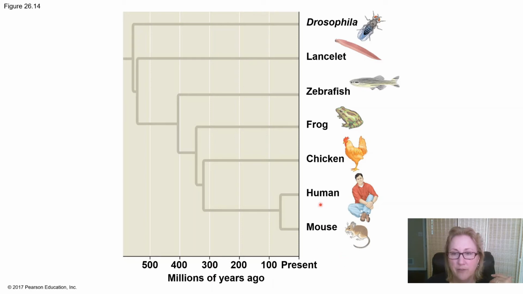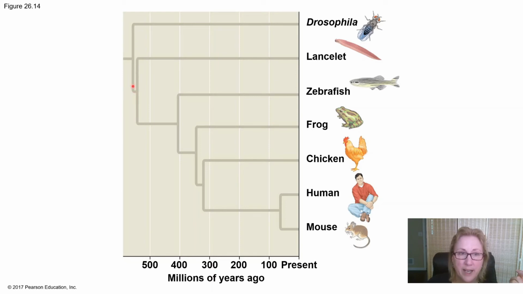If we follow humans all the way back to here, and here's Drosophila, which is an insect, the last time we shared a common ancestor with insects was before the Cambrian explosion. The first chordates, and remember, the lancelet is a chordate, that's our phylum. The last time we shared an ancestor with Drosophila would have been during the Ediacaran period, before the Cambrian explosion.